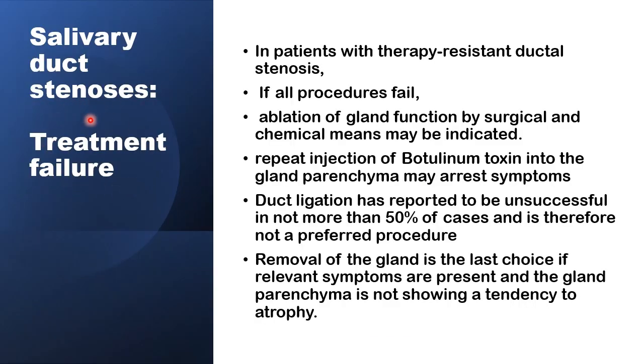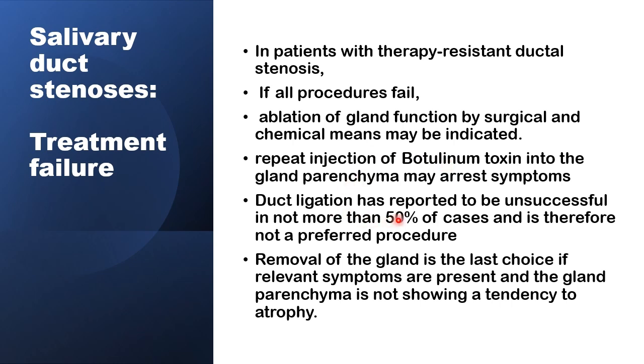When all the treatment options for salivary duct stenosis or obstructive duct lesions fail and the patients remain symptomatic, then ablative procedures should be considered, either surgical removal of the gland or ligation of its duct, or even inducing reduced flow of saliva through the gland by Botox injection.